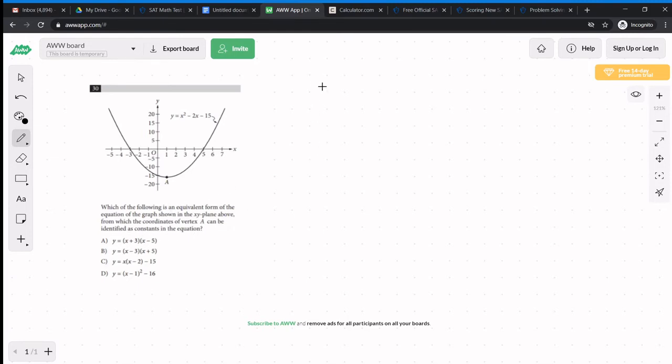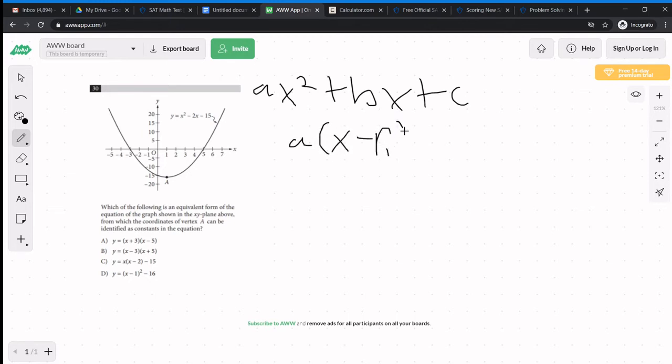So, for those of you who don't know, there are 3 forms for quadratic equations. There's general form, just like this one right here, ax squared plus bx plus c. There is factored form, where you have a times x minus the first root times x minus the second root.